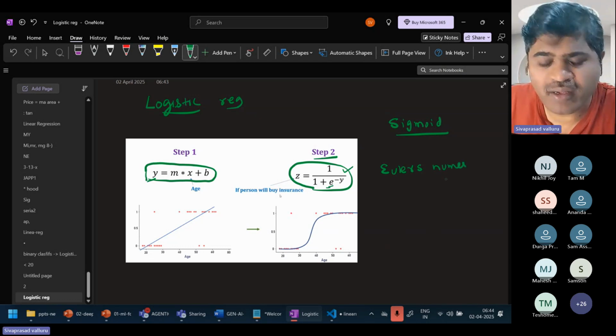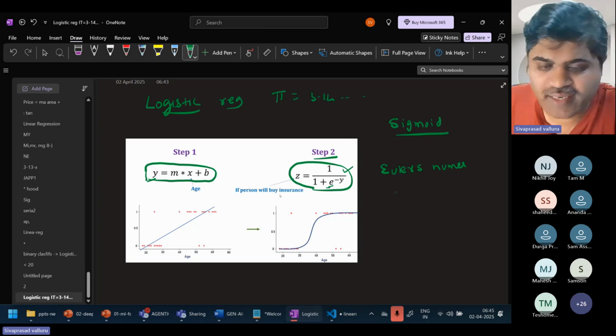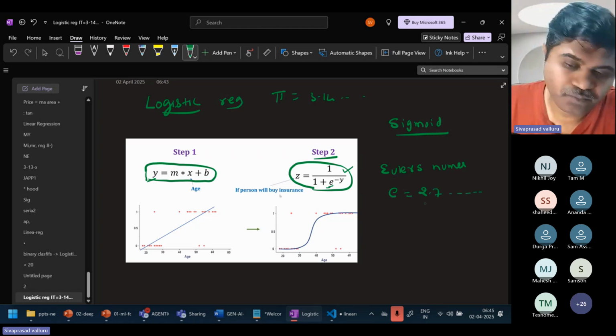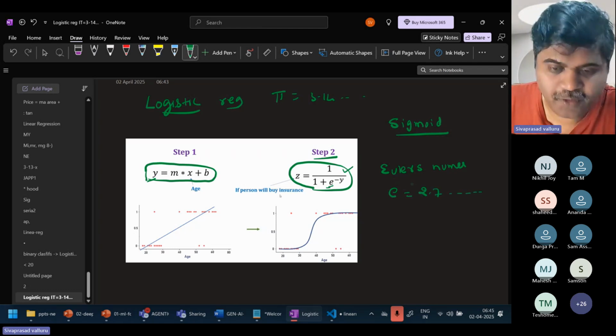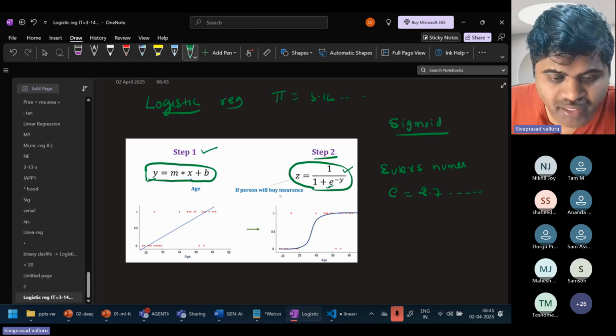Just like pi is a constant, 3.14 something, the value of E is also a constant, 2.7 something. So if I use this formula, y is substituted here. In the first step, we'll compute the value of y.